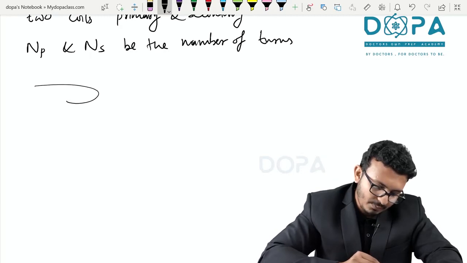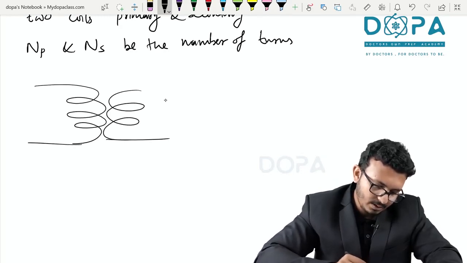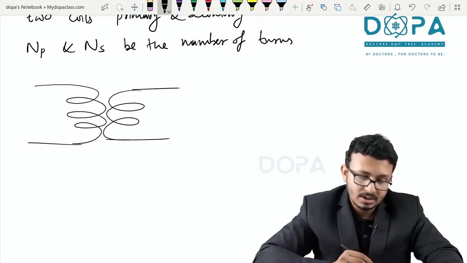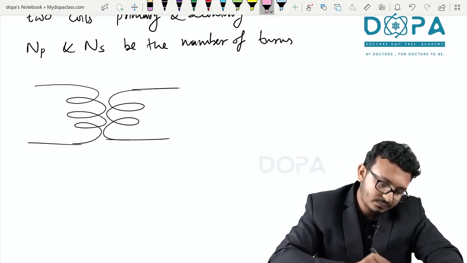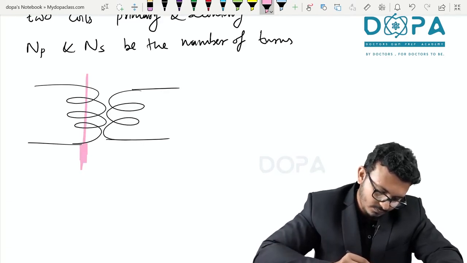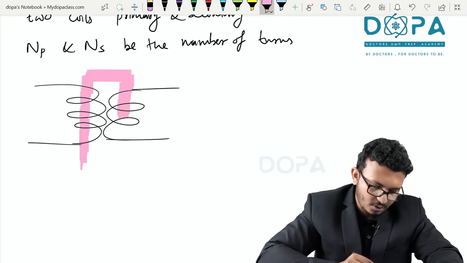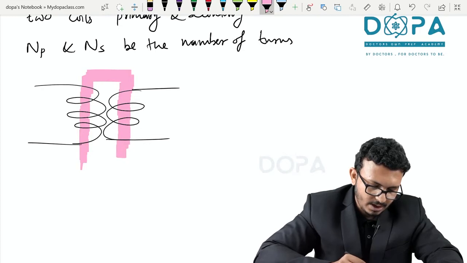We usually represent a transformer like this. One of them is the primary, the other one is the secondary, and we have a soft iron core, and we are winding the coils over the soft iron core.